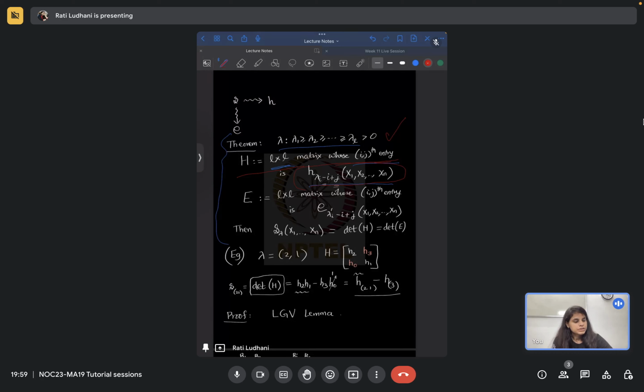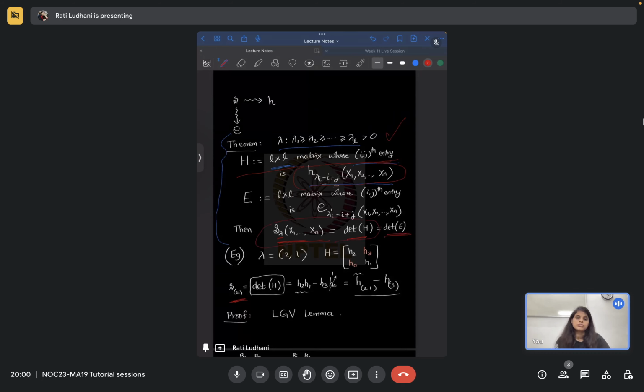And the theorem says the Schur polynomial with shape lambda is equal to the determinant of H, and also the determinant of E. So this is the result we are using.